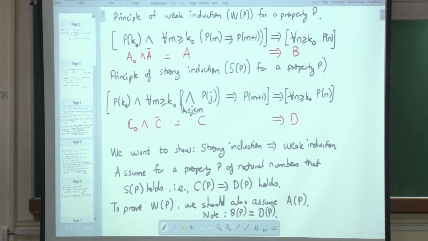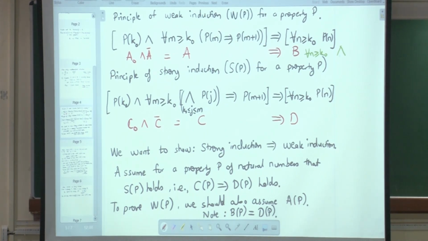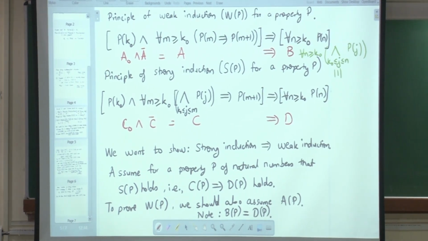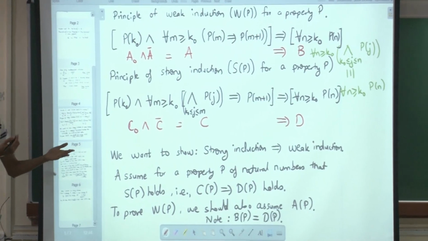So if I am saying for all n bigger equal k0, conjunction of k0 less equal j less equal n of p of j is true, this is logically the same thing as saying that for all n bigger equal k0, p of n is true. I'm just saying it in a more complicated manner, but it's the same.